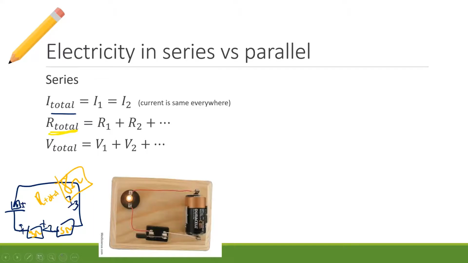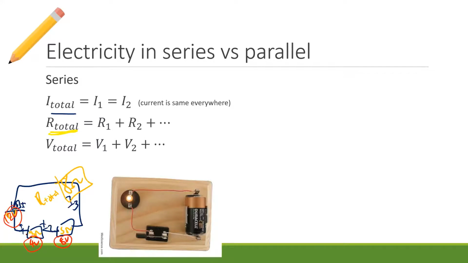The total voltage, if this is 12 volts, then this might be 8 volts, and this might be 4 volts. The total voltage that is dropped over the circuit is equal to the voltage in the battery.